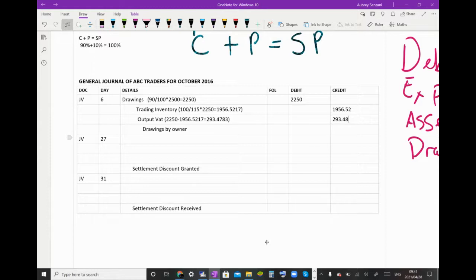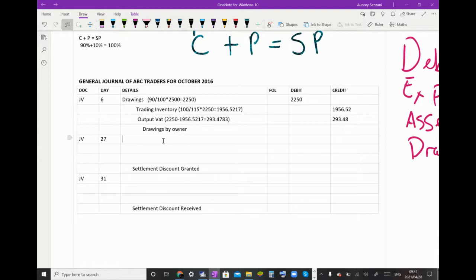So try and not have more than 3 words when giving a narration. Okay. Cool. And don't worry, some of you will say drawings of trading inventory. Okay. It doesn't matter as long as I can see you understand what is actually taking place. So I'm not strict on the narration. I just need to know you know what's going on in the transaction.